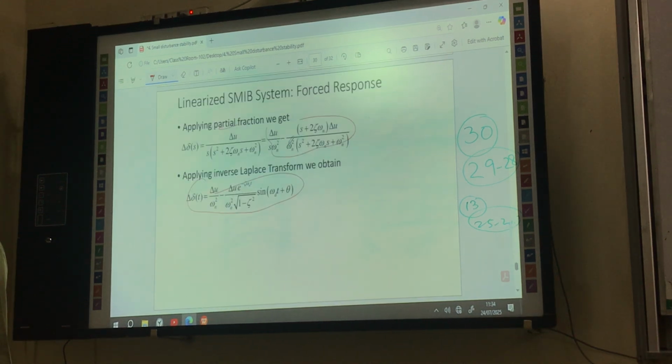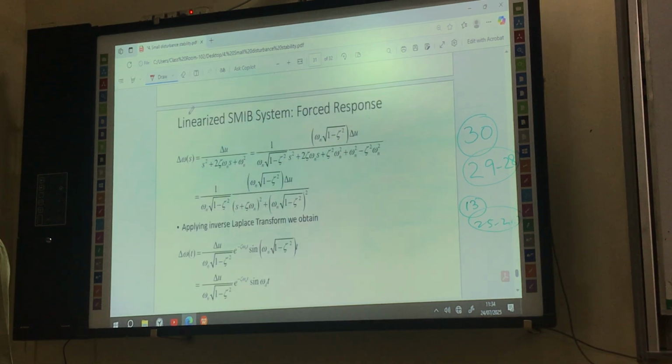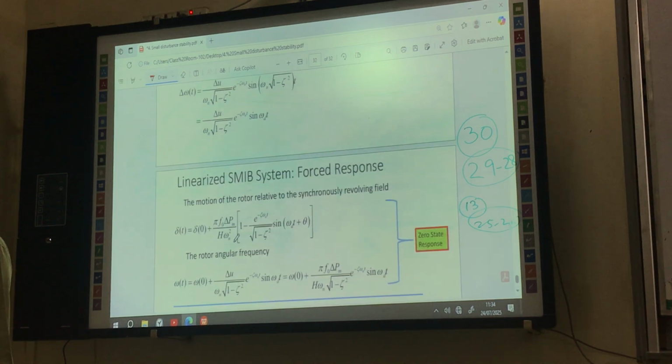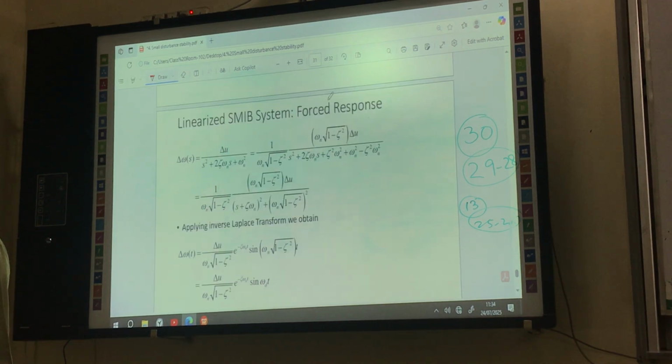So this is nothing but your inverse Laplace transform, and if you follow the inverse Laplace transform table, you can easily get this. And this is del omega of s. Again, you have to do some rearrangement, and finally, if you apply the inverse Laplace, you will get this. Now, this is obviously for your forced response.